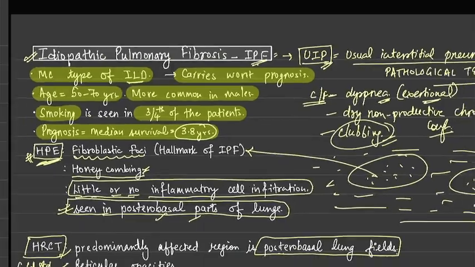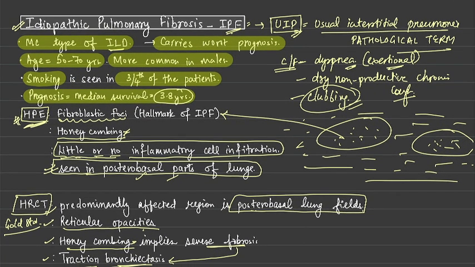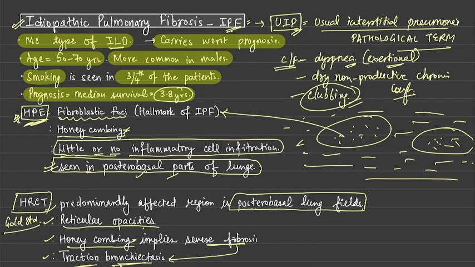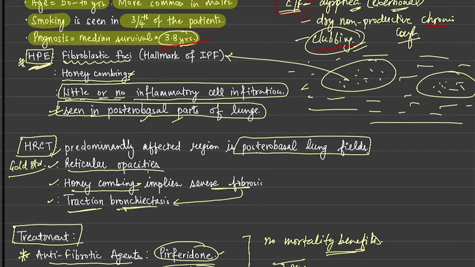To revise, there is idiopathic pulmonary fibrosis, also called as usual interstitial pneumonia, which is a pathological term. Clinical features are dyspnea, dry non-productive chronic cough, and clubbing. Most common type of ILD, worst prognosis, median survival 3.8 years.